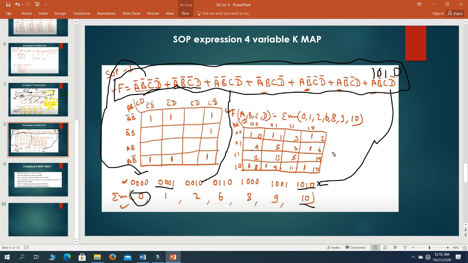So binary 1010 is equivalent to decimal 10. If you don't remember, I would suggest you look into the table. This is given in your book as well. There is a table where we can write this. I am not going to explain all this, as it is a simple binary to decimal conversion.